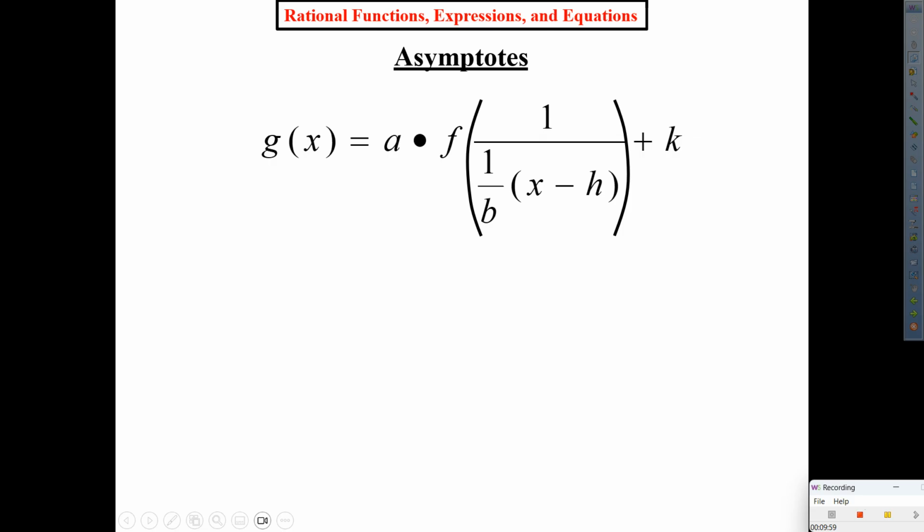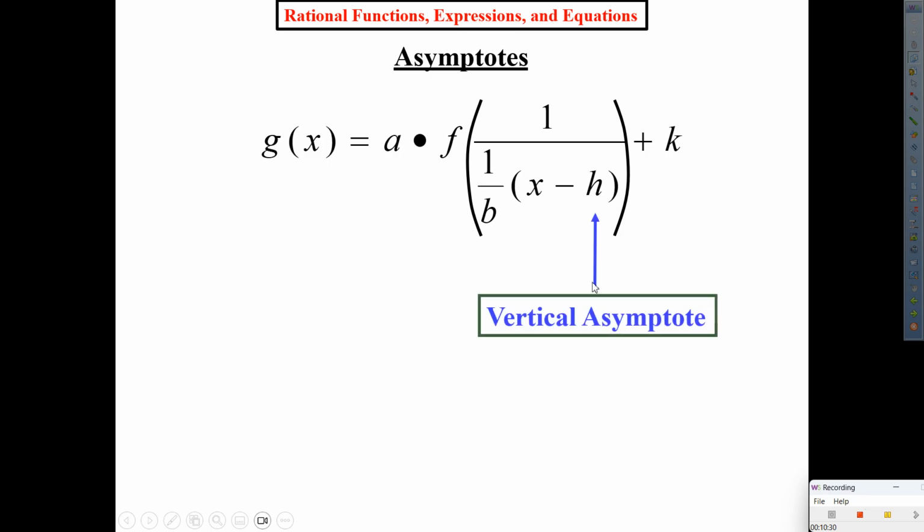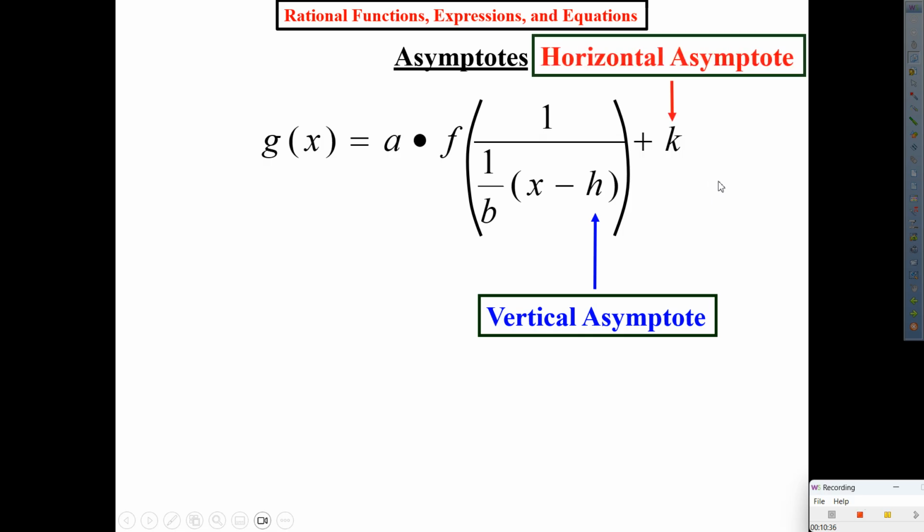So whenever I give you a function that looks something like that, from now on, the h is our vertical asymptote, and our k is our horizontal asymptote.